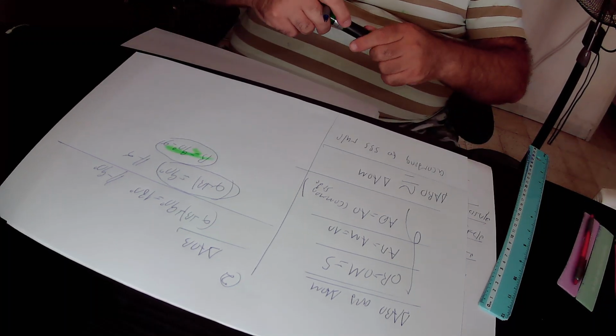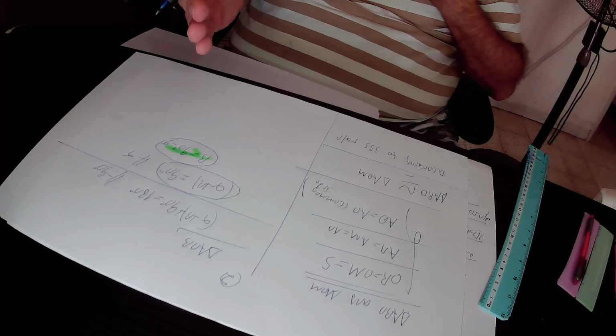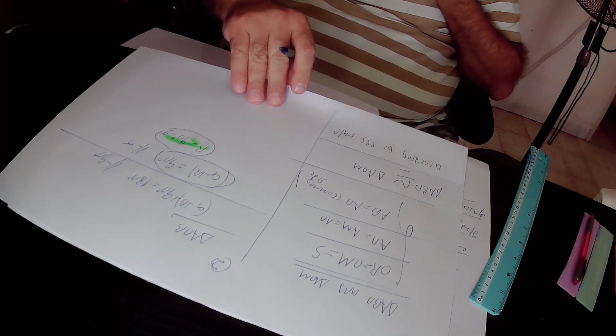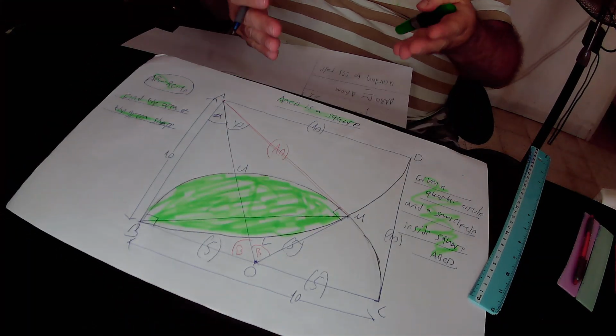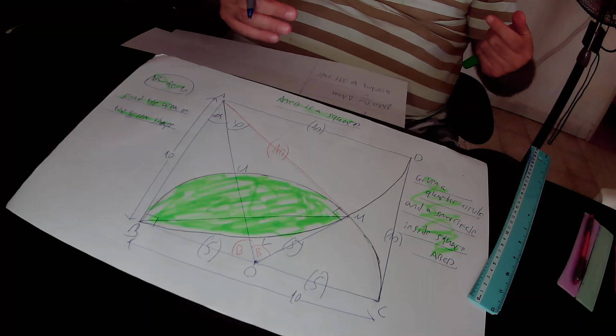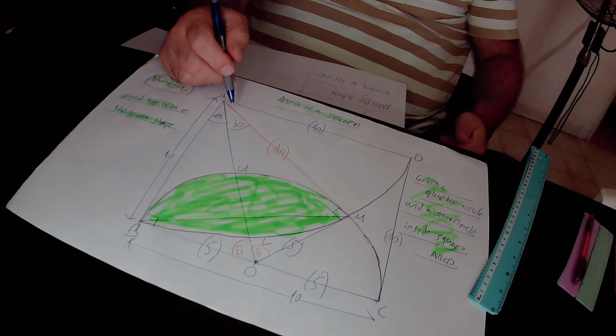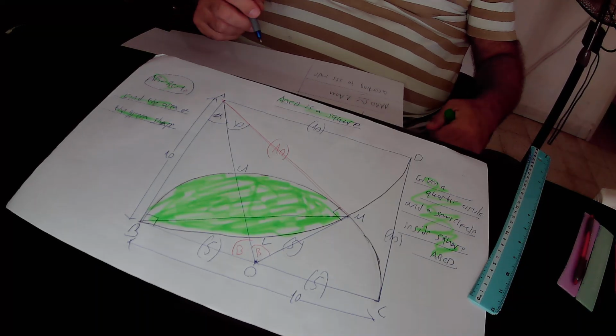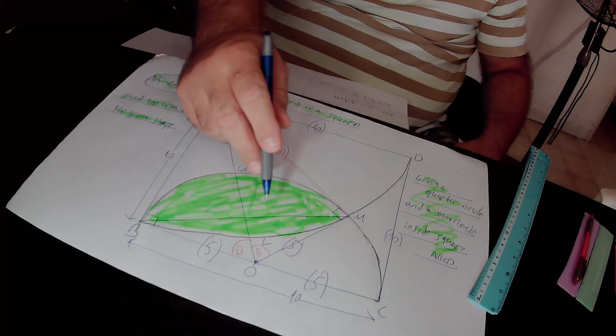So in the next step, we find the values of angle alpha and angle beta. In order to find the sizes of angles alpha and beta, we focus on this big right triangle AOB.